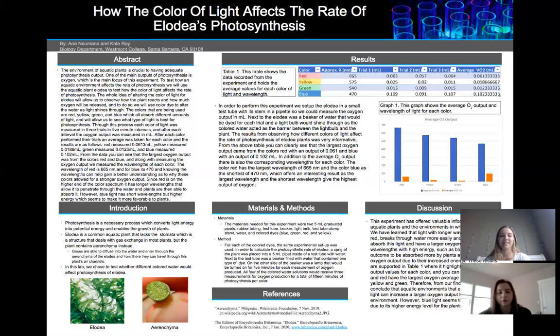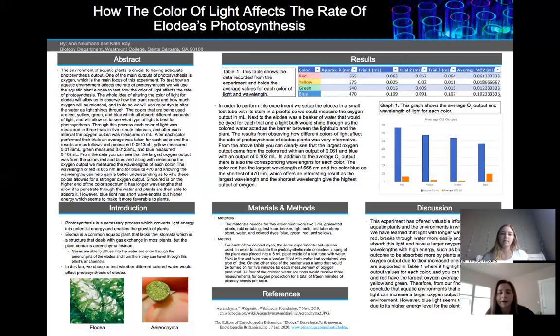Going into the results section of the experiment, you can clearly see there's a table in the upper right-hand corner that is labeled with each color, and you can see how each trial is measured in 5-minute intervals, along with the wavelength for that color, so you can correlate those together.